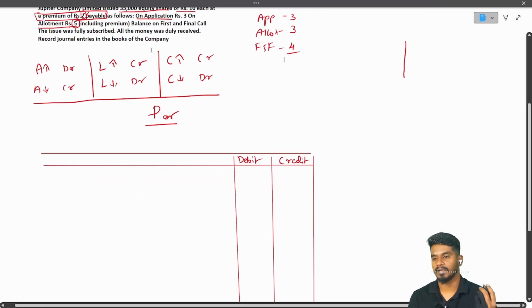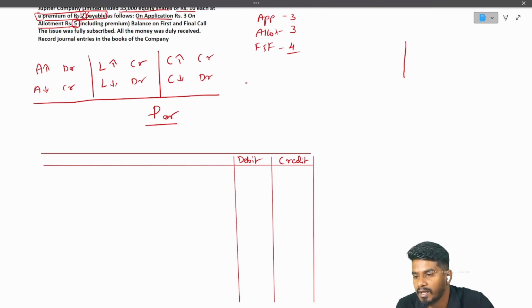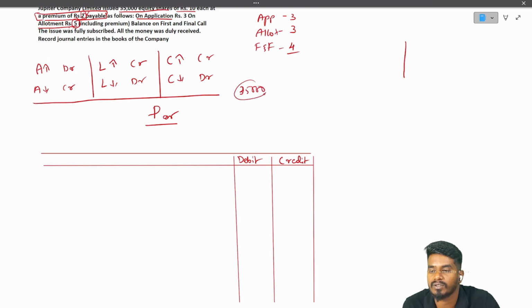I'll ask a thing, so just answer me. If a company is issuing shares, let us say they have issued 35,000 shares, people may apply for 40,000 also, or people may apply for 30,000 also, right? The company doesn't have any control over it.